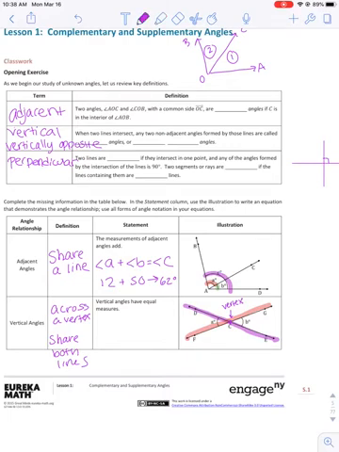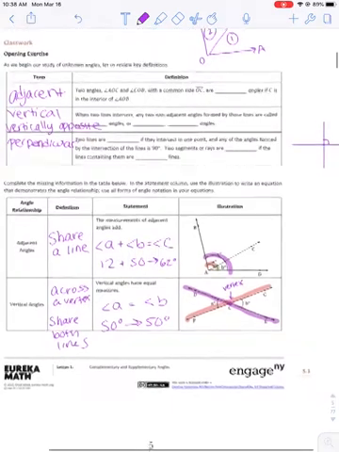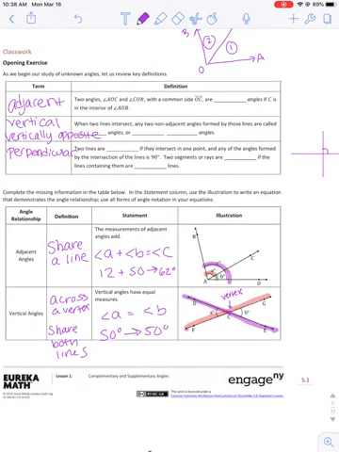And we know that whatever angle A is has to be equal to angle B. So if they told us that angle A was 50 degrees, we could conclude that angle B must also be 50 degrees because they are vertical angles and they have to be congruent. It might even be better if I use the congruent symbol here. Doesn't matter too much, but that's my point: their measurements are congruent.